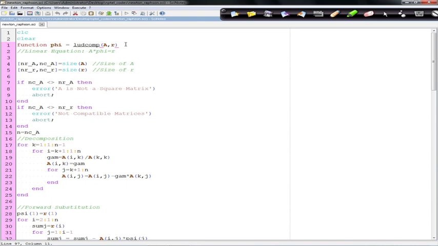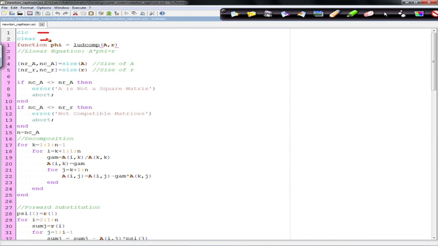Now, this part is clear because initially we start the program with clc, that means clear the screen and console, and clear means we are clearing all the values stored in Scilab from our previous operation. In this case I am utilizing LU decomposition.